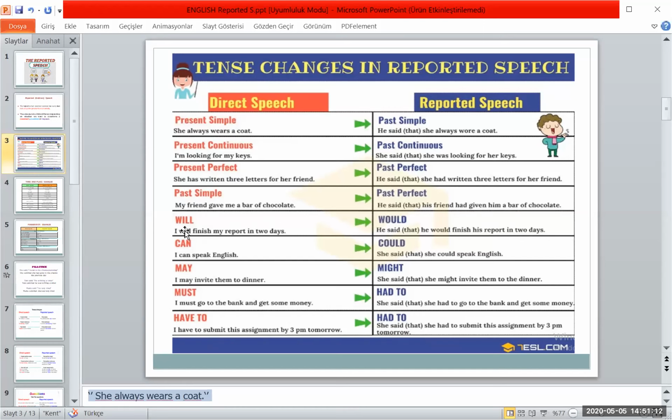As you see, "will" was changed into "would." Will in direct speech, would in reported speech. Can "will" change into "could"? And the rest you do not have anything to do with. May, must, have to: you don't need to check these items.